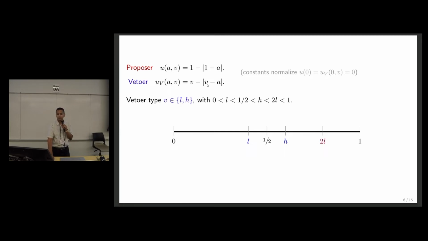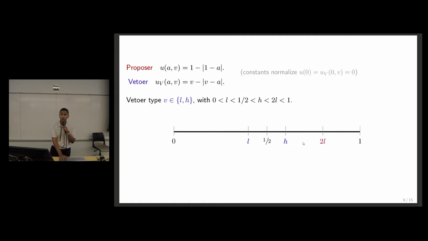Ditto for the vetoer, it's just a linear loss with respect to an ideal policy of V. And really, you can take my word for it that the interesting case to look at is the one here, where the vetoer has 2 types, low and high, where the low type's ideal policy is less than 1/2. The high type's ideal policy is greater than 1/2, less than 2L, which is less than 1.